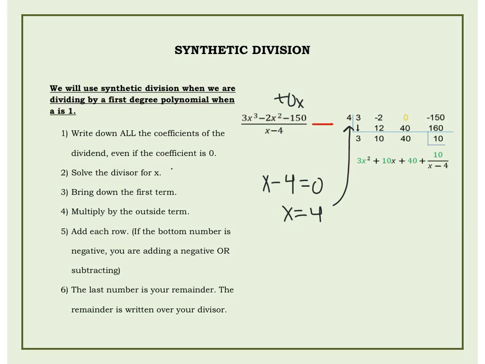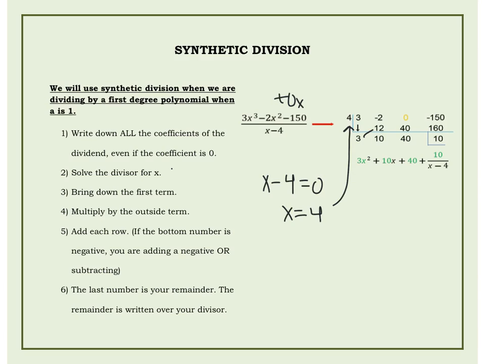Step 3. We're always going to bring down our first term. Whatever that first term is, that's always going to be your first term there. So we start with a 3. The next step is to take this 3 and multiply it by your outside term. So 3 times 4 is 12. That's where that 12 came from.